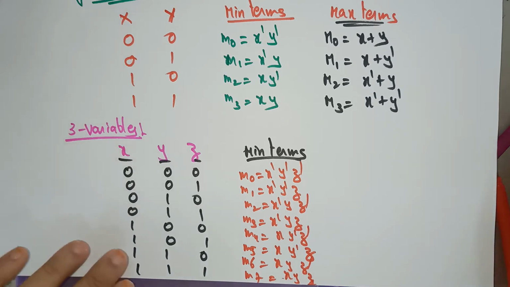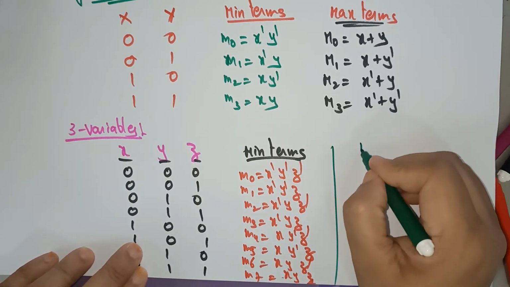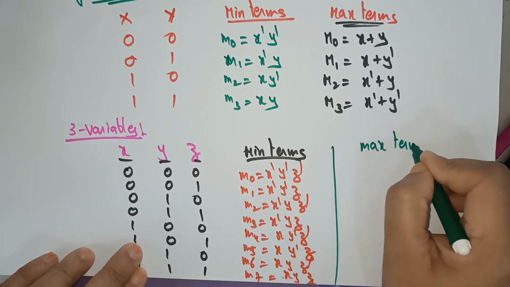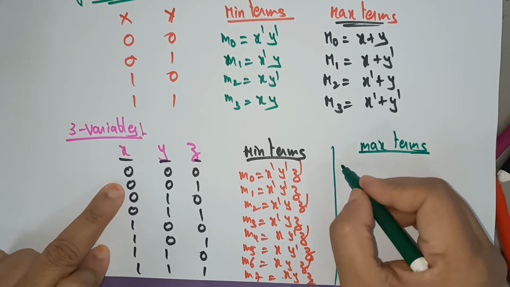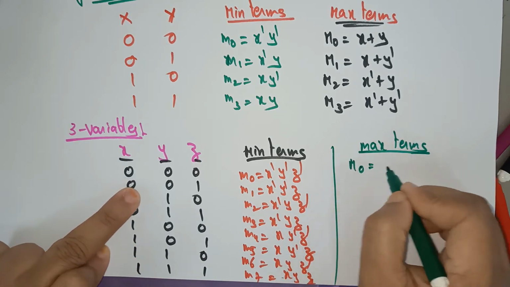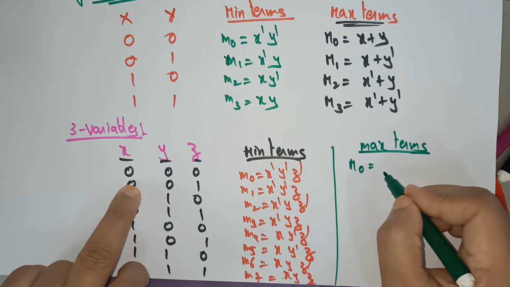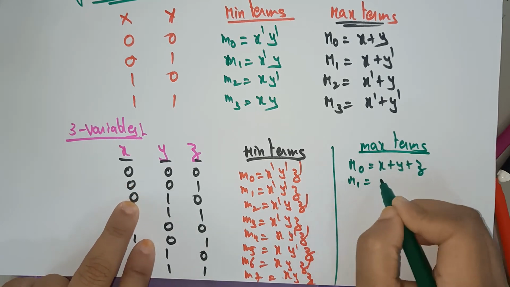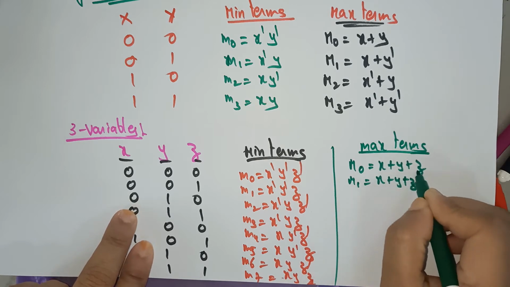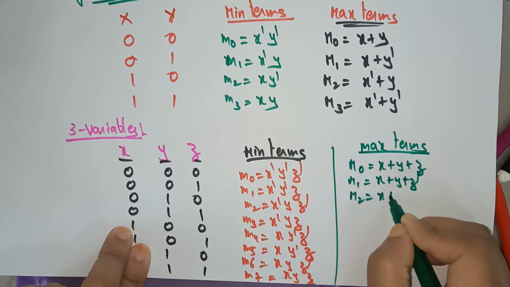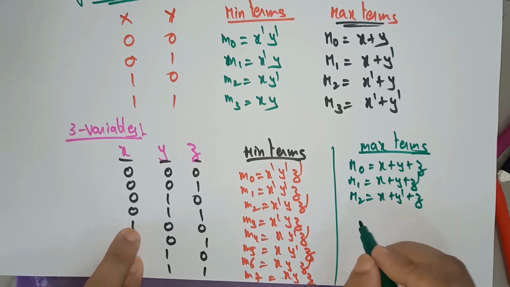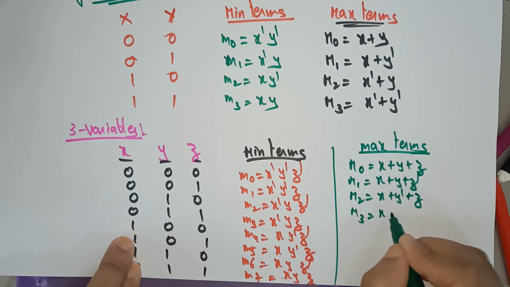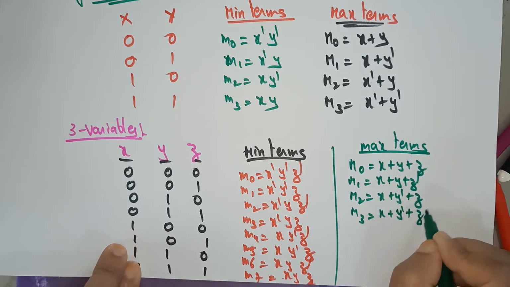Now let's write the max terms. What are the max terms for the given variables? Take the capital letter M0. If it is 0, it is uncomplemented: x plus y plus z. M1 is x plus y plus z dash. M2 is x plus y dash plus z. M3 is x plus y dash plus z dash.